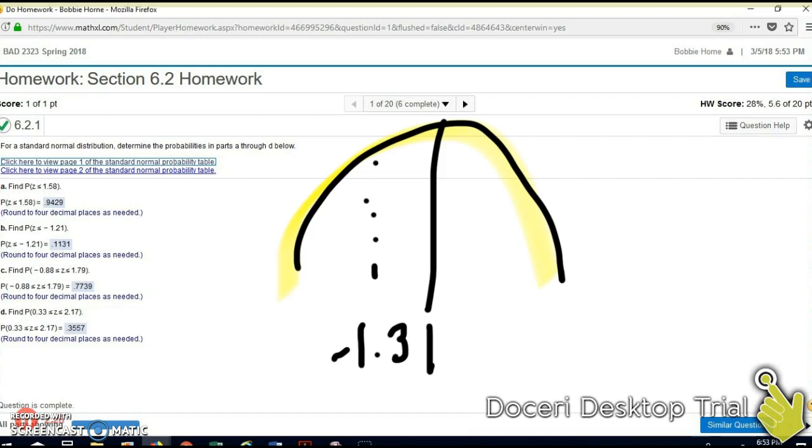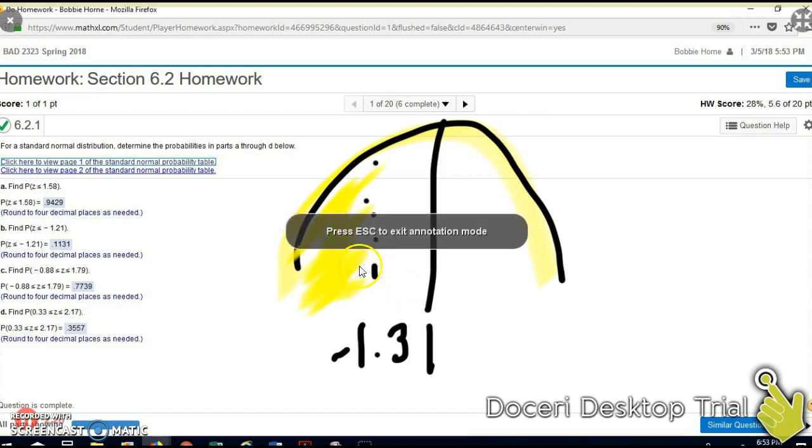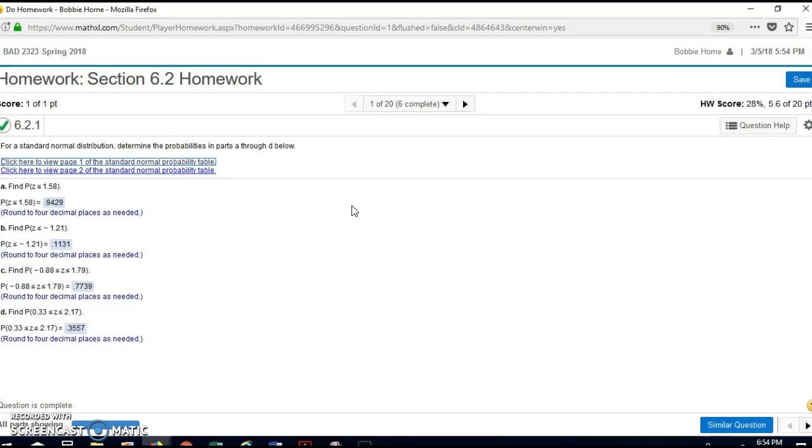The probability we look up is all of the area less than or equal to negative 1.21. So if it's less than or equal to the number, then when you look the area up under the curve in the table, it's going to give you the exact probability of less than or equal to that z-score.